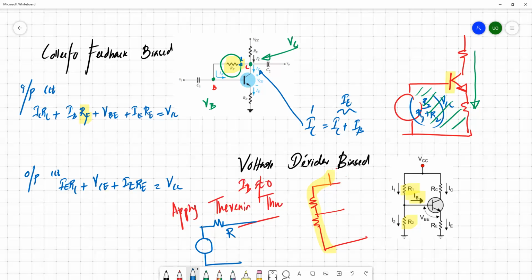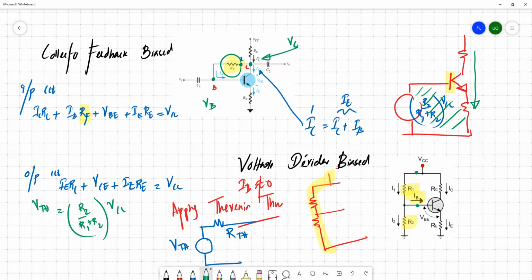So this is RTH, the Thevenin resistance, and this is VTH. How do you get the VTH? You can just apply the voltage divider rule. VTH equals R2 divided by R1 plus R2 times VCC, because we just open it up from here and here.